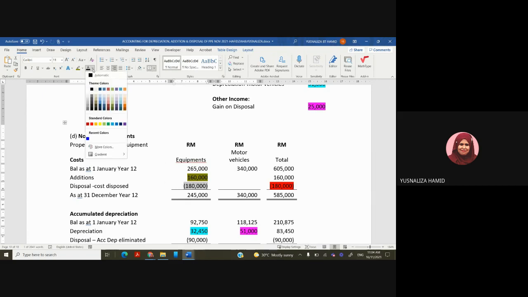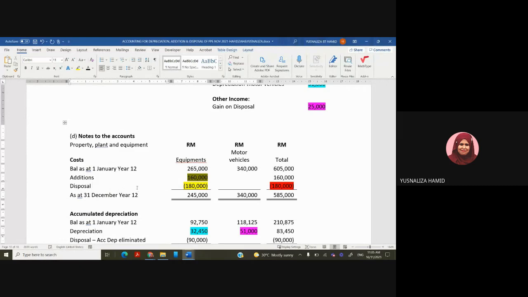180,000 is equipment A. I want you to understand what we are doing. Equipment A is what you dispose. So I'm just putting this in bracket. Do not write too much of the item here. I just want you to know I'm putting it in bracket.